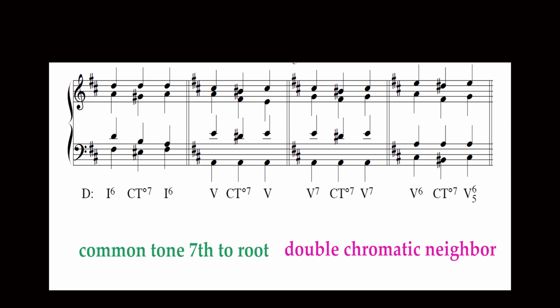So again, nothing changes here. We're still dealing with a common seventh of the common tone diminished seventh going to the root of whatever chord we're embellishing, and we still have two chromatic lower neighbors. Now this is true when we're dealing with major chords. We'll talk a little bit more about minor at another time.